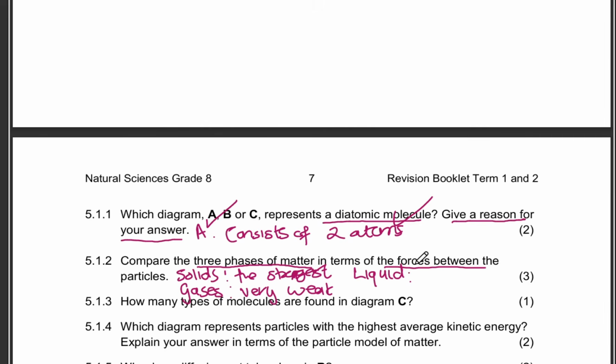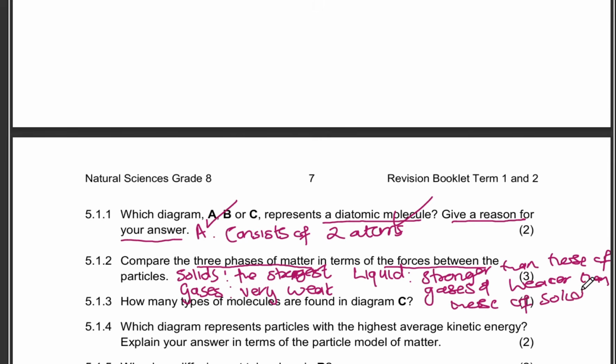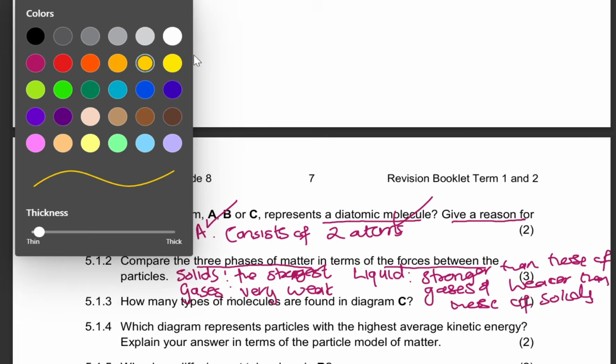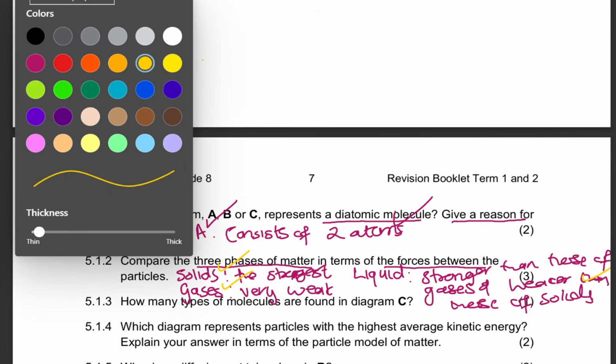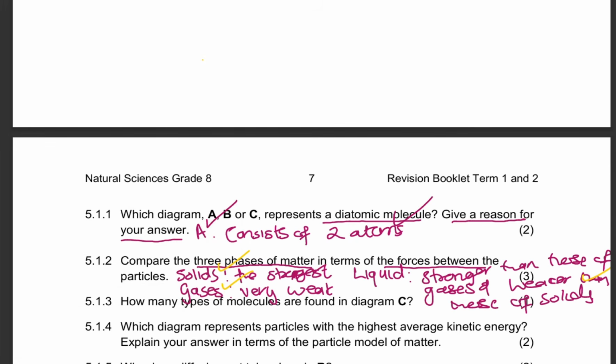So for liquids, the forces between the particles are stronger than those of gases and are weaker than those of solids. Okay, 3 marks. So it will be 1 mark for each phase, 1, 2, and 3. We've indicated the forces between the particles for each phase of matter.